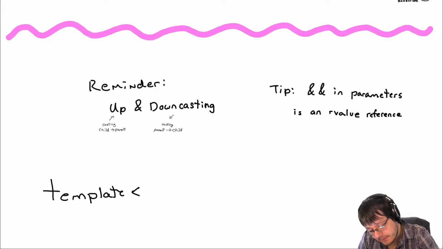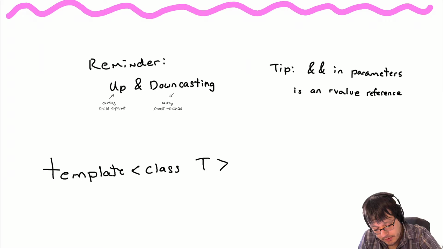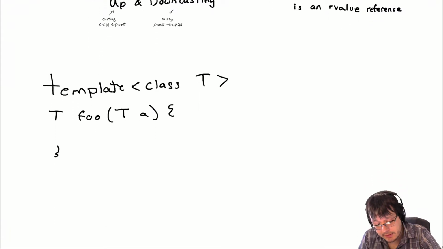So template, class T, and then you have your function. For example, T foo(T a), and that could be an example of a function template.